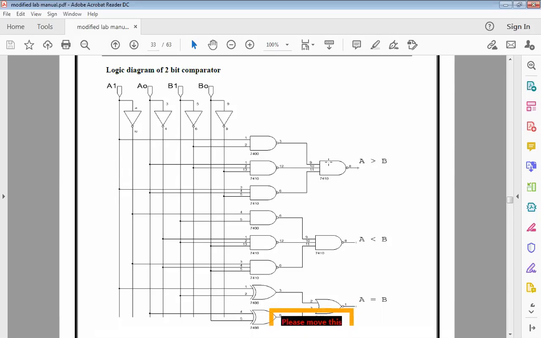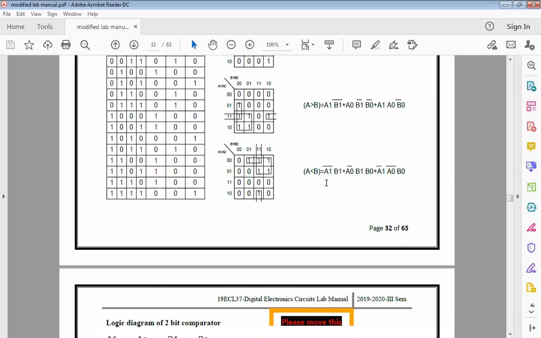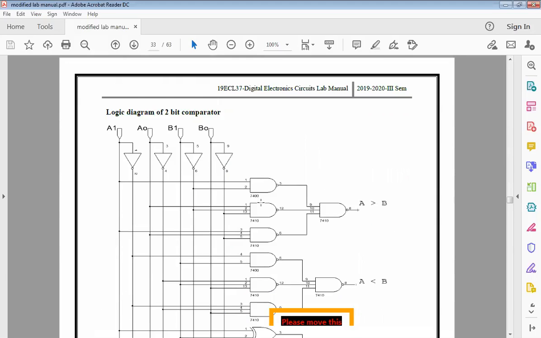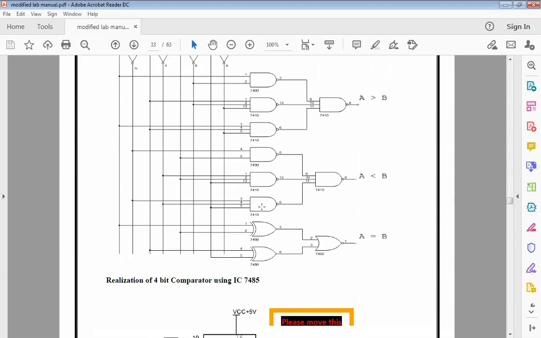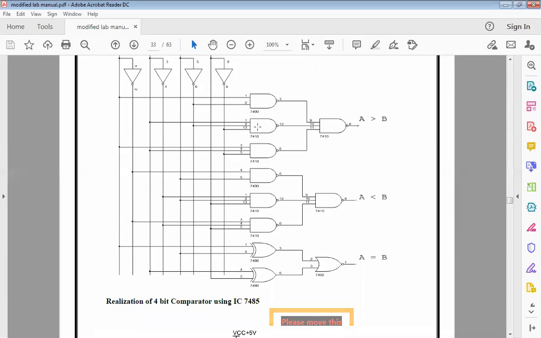Once we have them, just look at one of the equations and connect them accordingly. If an addition is needed, then you'll use an OR gate. If not, you'll directly use your NAND gate implementation.